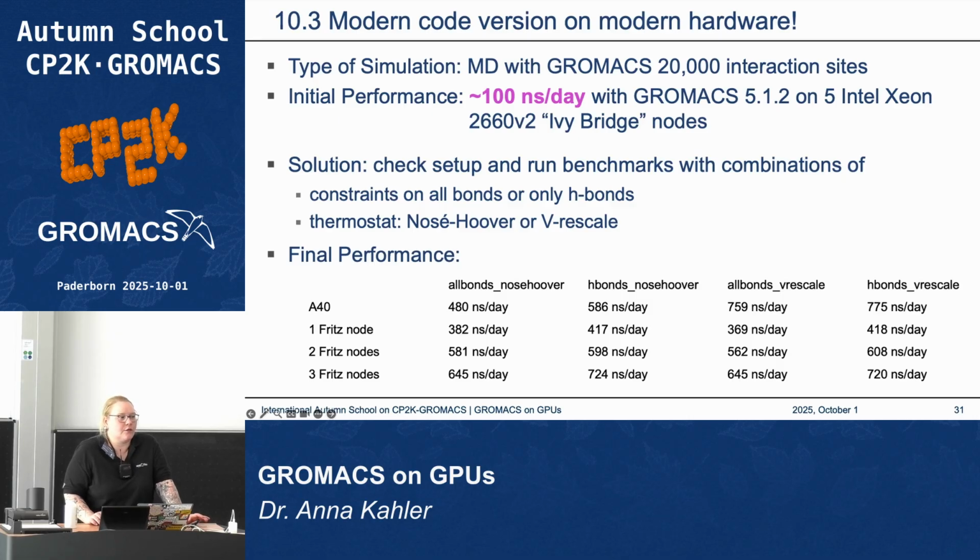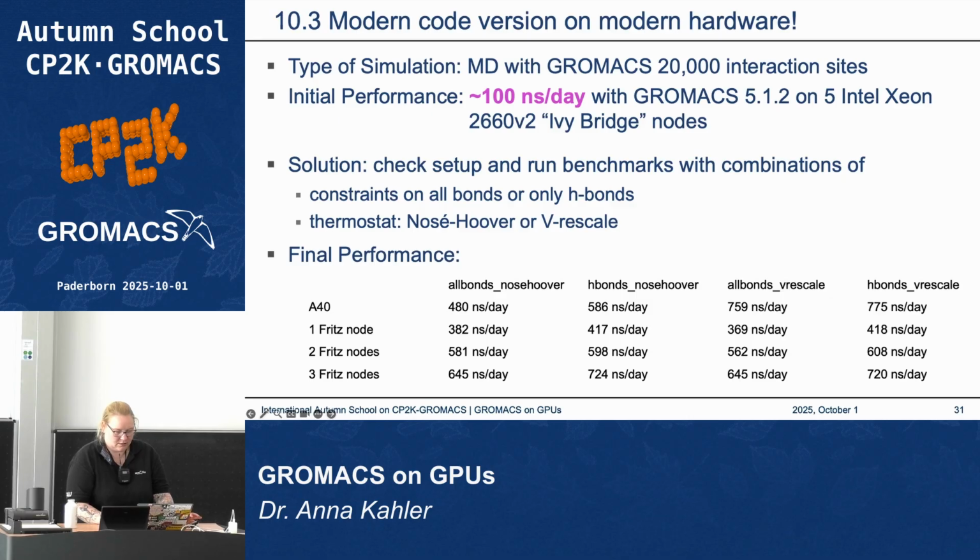So it is worth thinking about your setups. It is worth changing to a new code version, changing to updated hardware. It doesn't have to be the newest and best, but something that is not 10 years old, that has a bit more cores available, that uses modern SIMD implementations, and then we can increase performance.